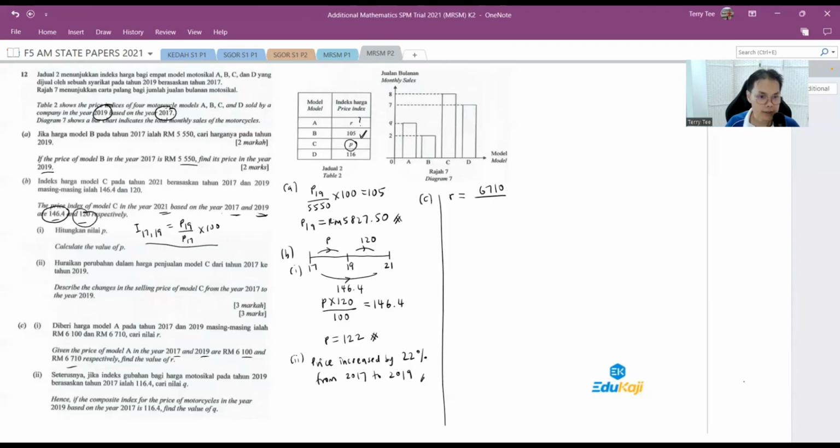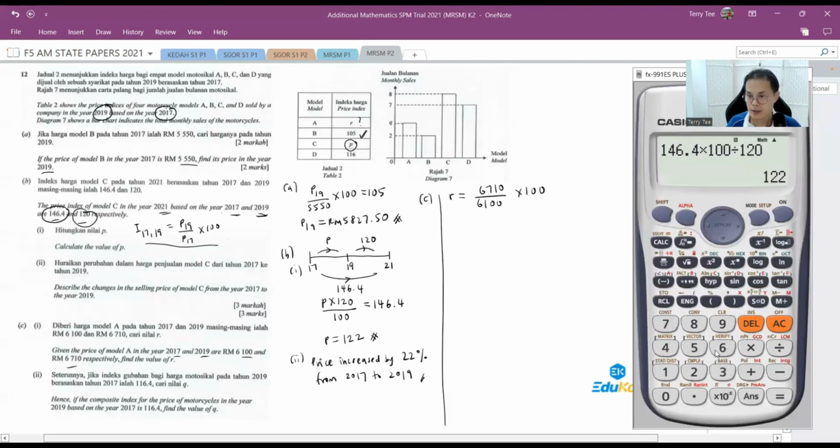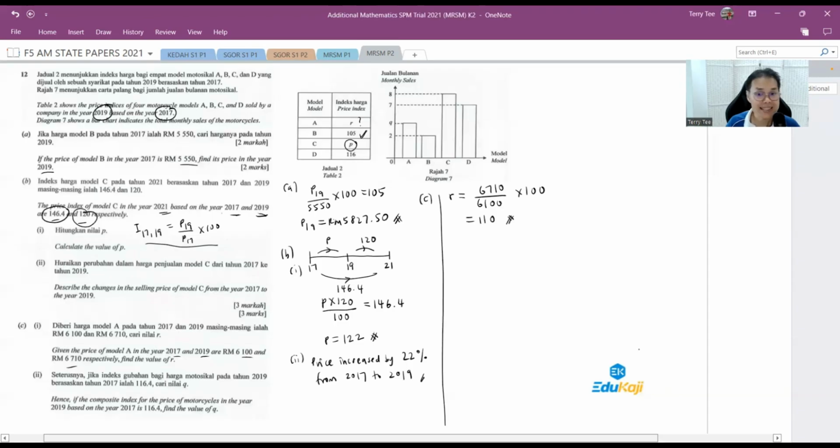The price for 2017 is 6100. You just multiply by 100. So 6710 divided by 6100, multiply by 100. I got 110. 110 means increase by 10%.